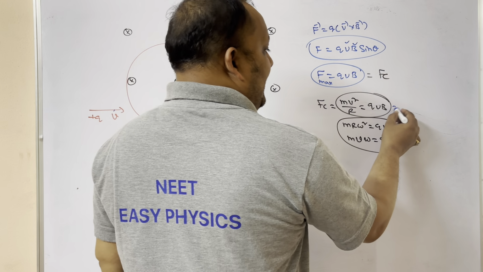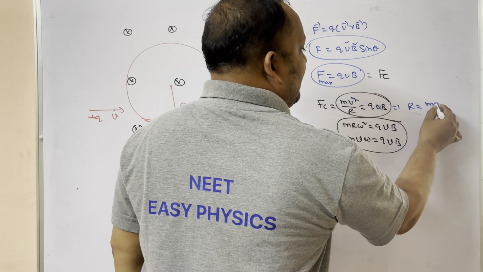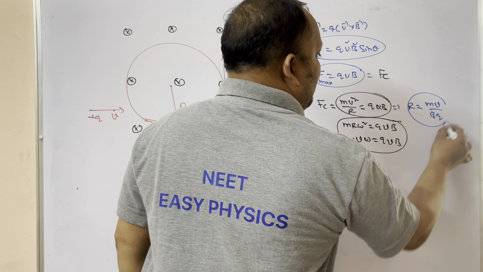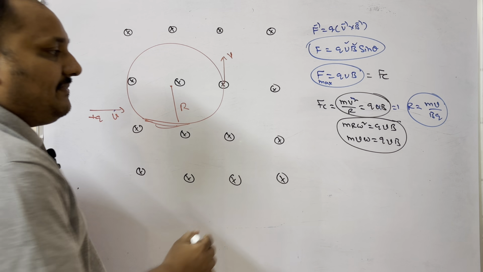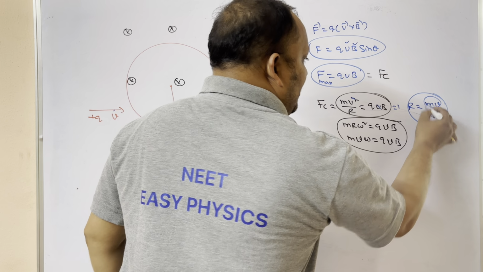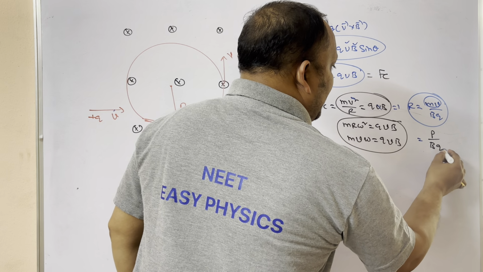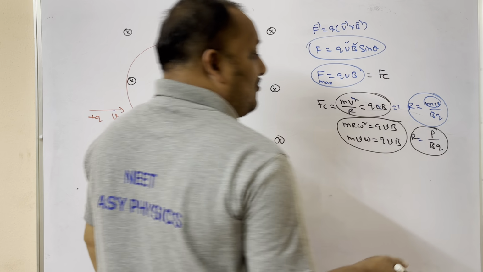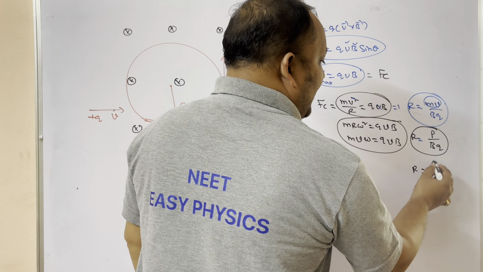If they are asking the radius, from this r is equal to, one v will be cancelled. r is equal to mv by Bq. So the radius of this circular path is going to be mv by Bq. What is the product of mass and velocity, from laws of motion? Momentum. Momentum by Bq. And what is the relation between kinetic energy and momentum in work energy power?